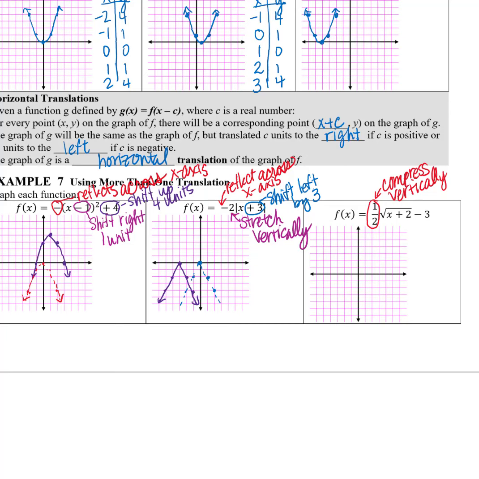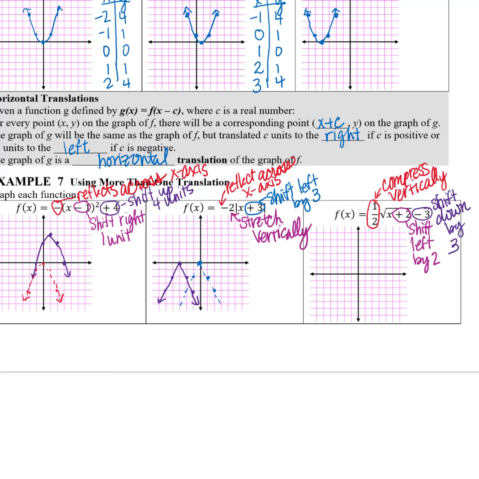And then the +2 means it's going to shift to the right. Ooh, nope, shift to the left by 2 units. And then the -3 will shift down by 3 units.